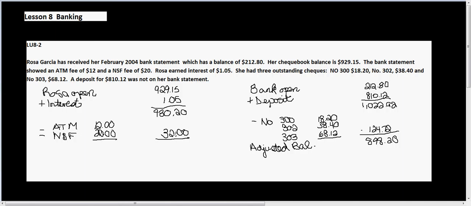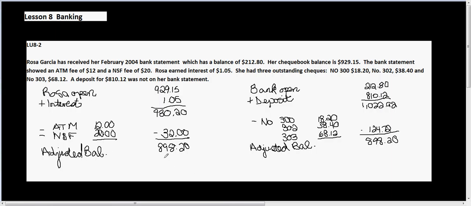All right, when we subtract that from the 930, we are left with $898.20. And again, we call this side the adjusted book side. Adjusted book balance. I'm just going to call it balance in here because again we're running out of room.